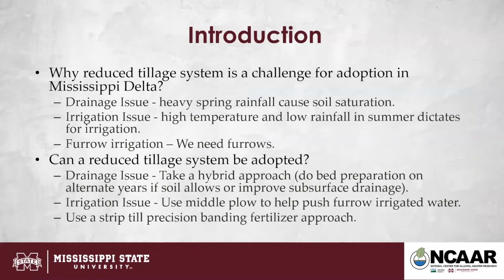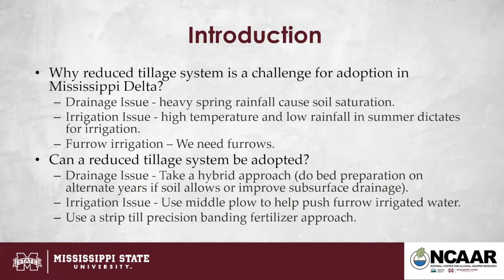So then moving on to one of the most critical questions: strip till, no till, reduced tillage practices have been there for a while, and farmers do know about it. But what's the reason that reduced tillage or conservation tillage systems are not adopted in Mississippi Delta at that large scale?